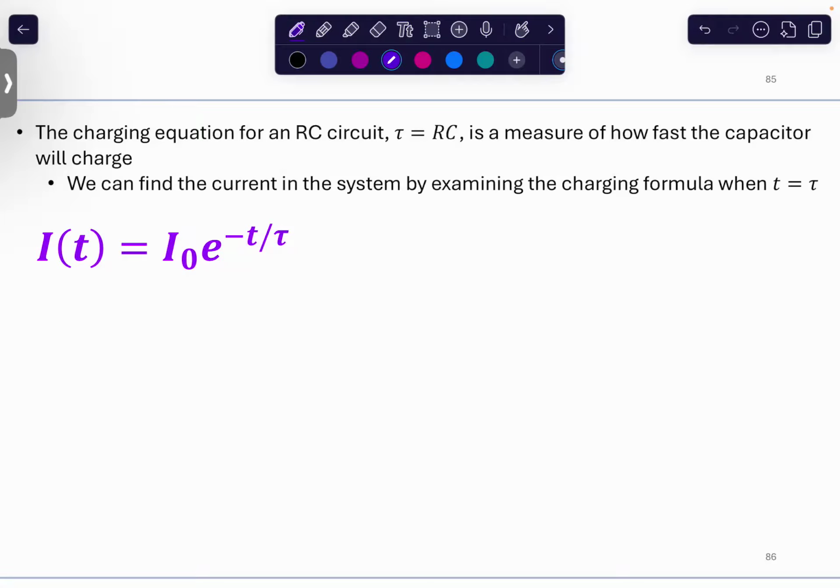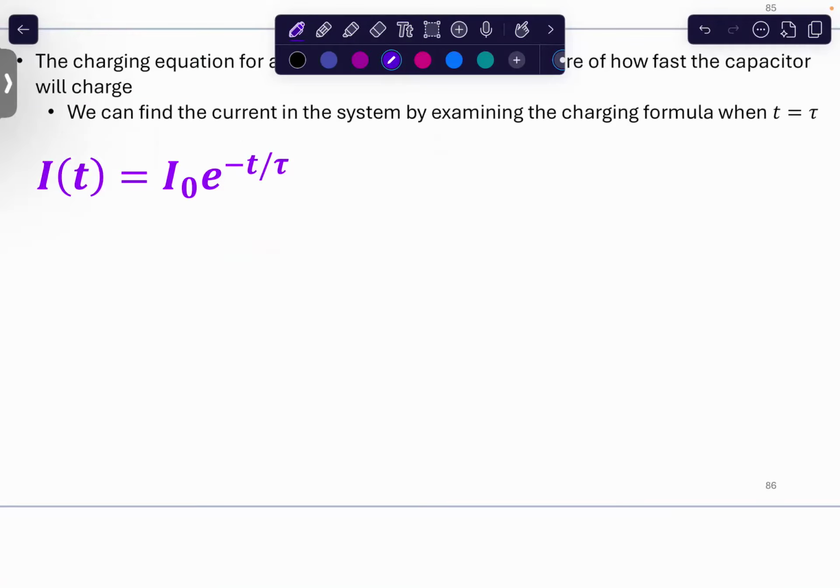If we go back to our original Kirchhoff equation, that tau is actually going to be something called the timing constant.